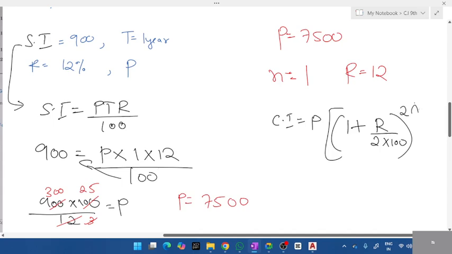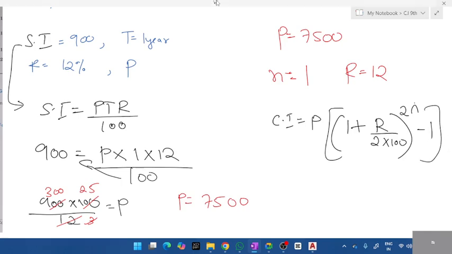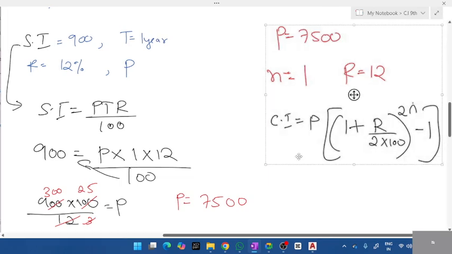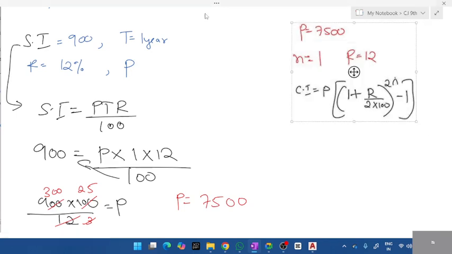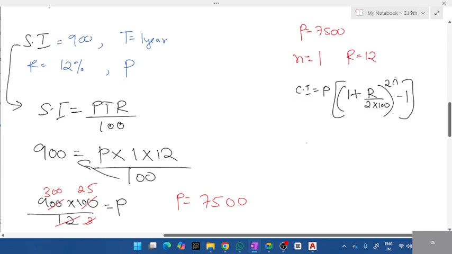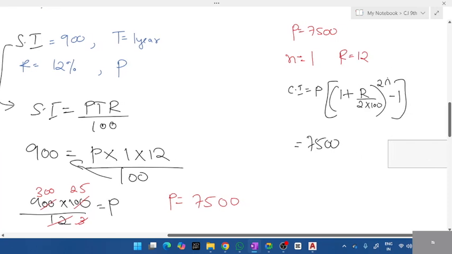Yeah, 2n. Let me write 2n. Then what is the extra thing we write for compound interest? Minus 1. Is it clear? Did you understand the question, all of you? If you understood the question and write the correct formula, it is easy to solve the values. So principal is 7,500. Try this question. All of you complete it.